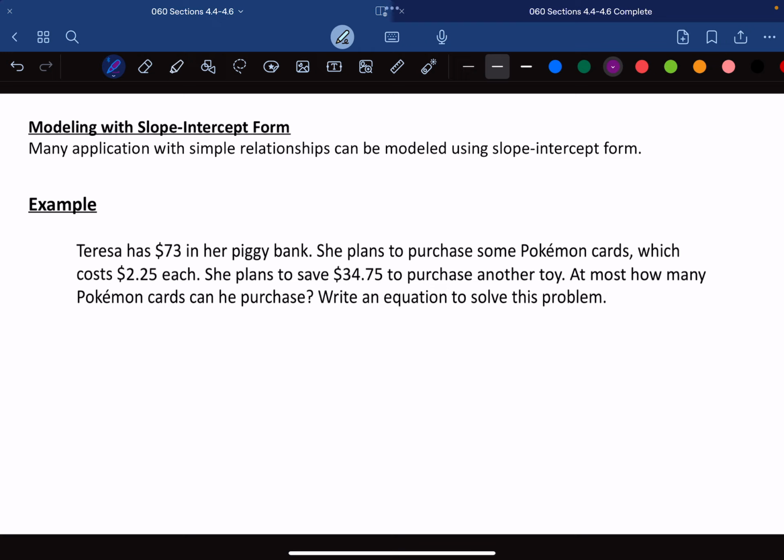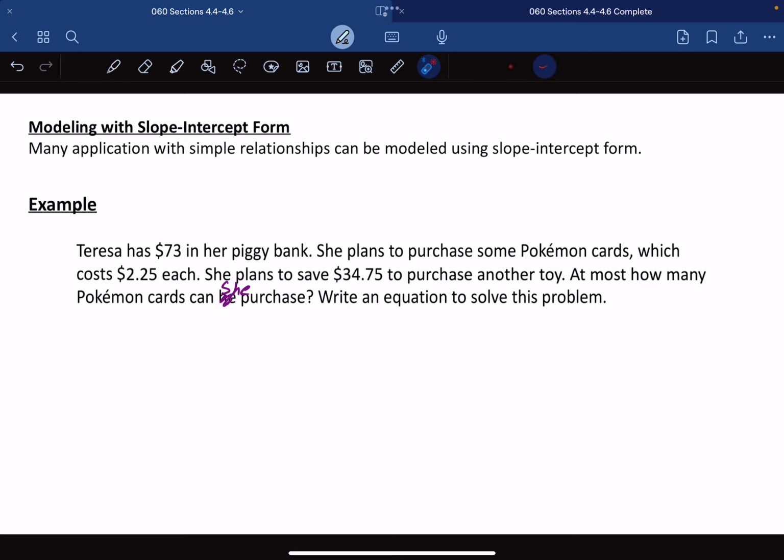Teresa has a piggy bank, and she has $73 in her piggy bank. She plans to purchase some Pokemon cards, which cost $2.25 each. She plans to save $34.75 to purchase another toy. At most, how many Pokemon cards can she purchase?